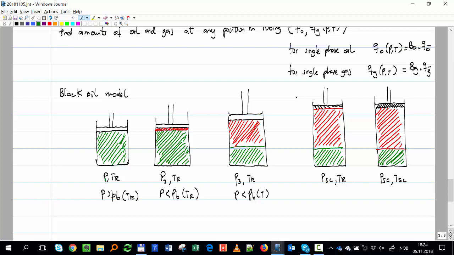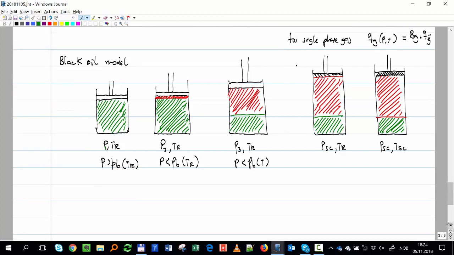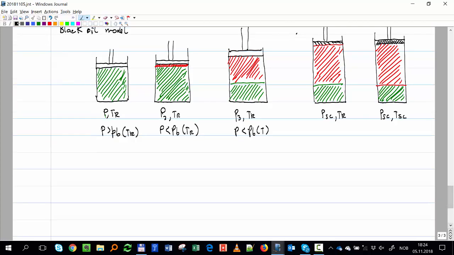Now to deal with that complexity, that we have a phase changing and so forth, and the volumes are changing, the petroleum industry has traditionally defined three variables that we can use. One of them that we already know is called BO, and BO is defined as the volume of oil at any pressure and temperature.